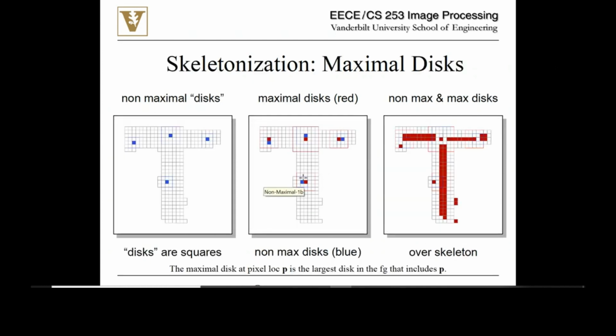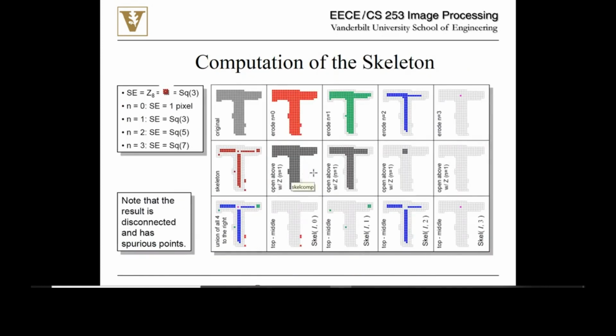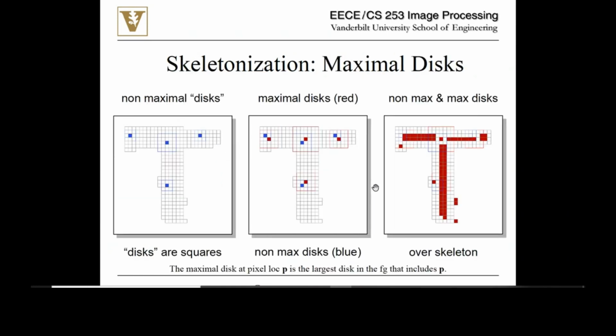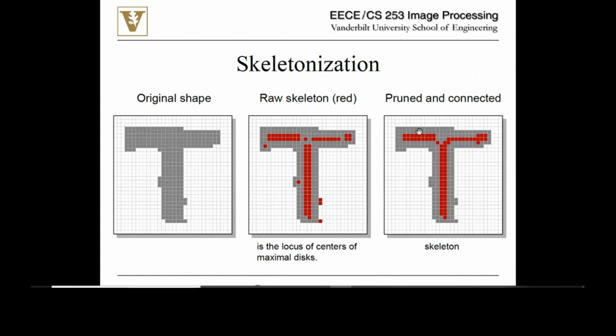Okay, so yeah, this is the explanation of what we have before, the maximal disk and so on. These are all examples. Okay, so now how will we prune? This process of keeping a single connected component is called pruning and connection.